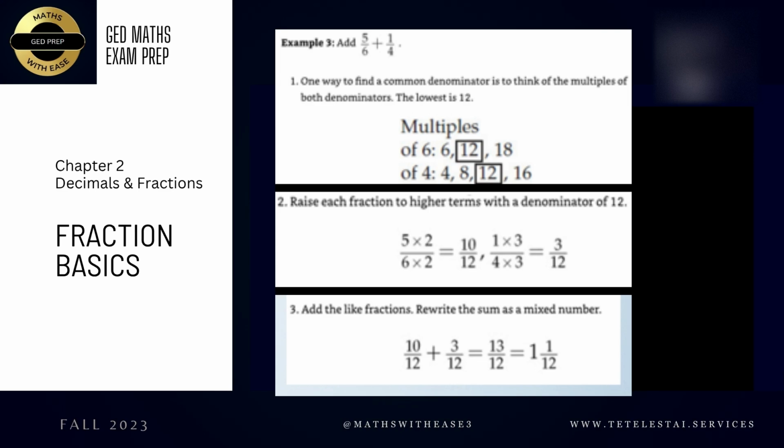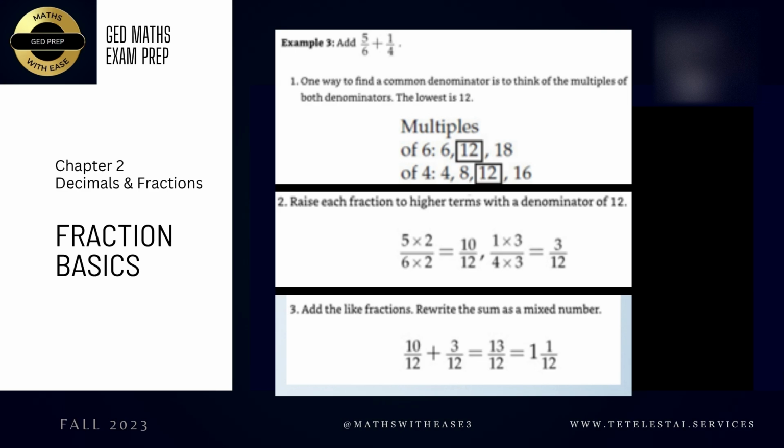So then you would raise each fraction to higher terms with a denominator of 12, right? 6 times 2 is 12. So that means we need to multiply 5 by 2, right? Whatever you do to the denominator, you always want to do that to the numerator.